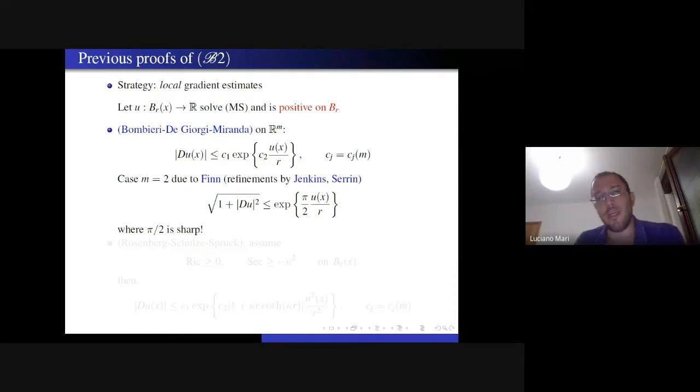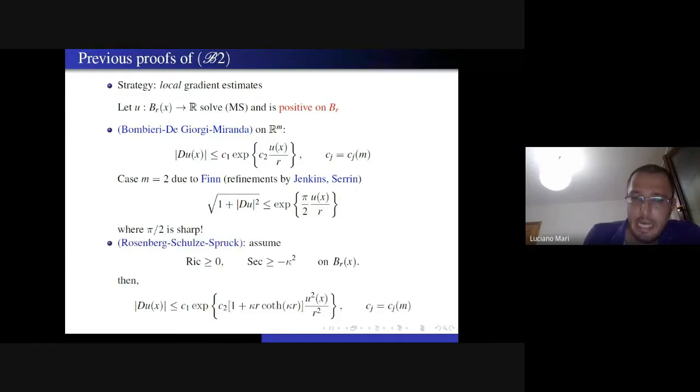In dimension 2, it's interesting that the function square root of 1 plus |grad u|^2 has a very neat bound and the constant is sharp. So really, you cannot bound the gradient by something that is not exponential in u. You really need an exponential. And what about the proof by Rosenberg, Schulz, and Spruck?